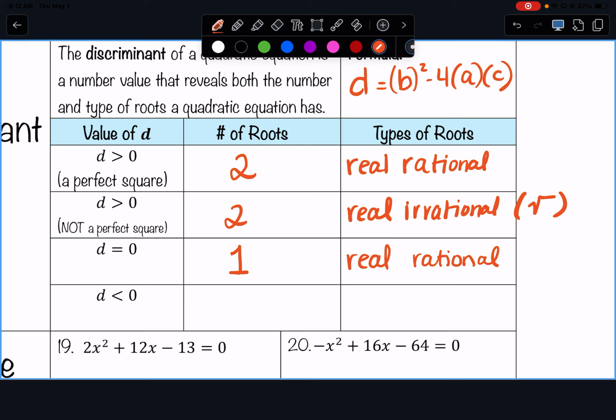But if the discriminant is less than 0, we're going to have two imaginary roots. So we're going to focus today on the imaginary roots. We're going to do quadratic practice with those.